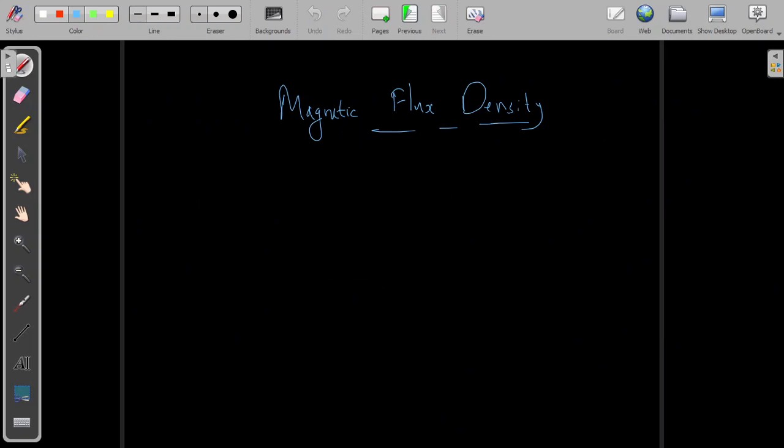That means if the magnetic flux is phi, then phi divided by the cross-sectional area A is what we mean by magnetic flux density B.